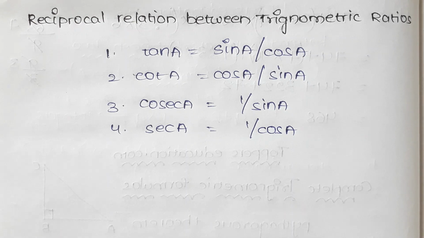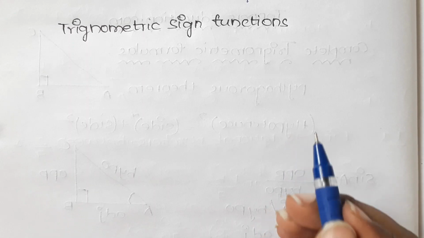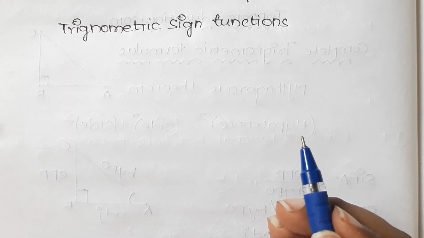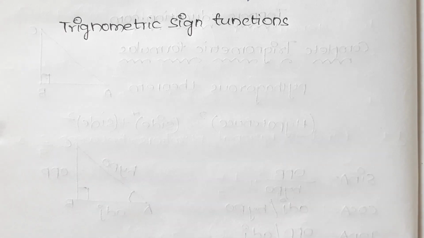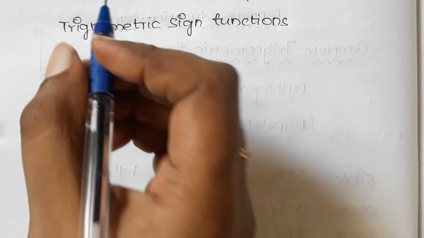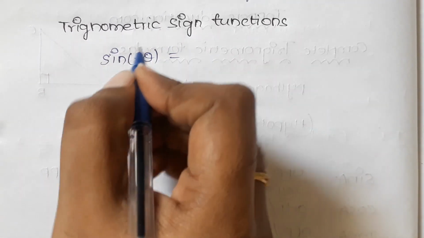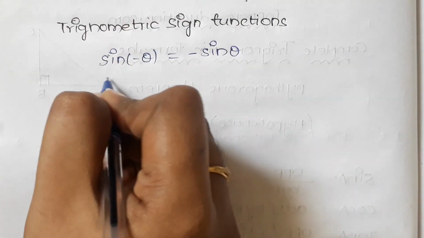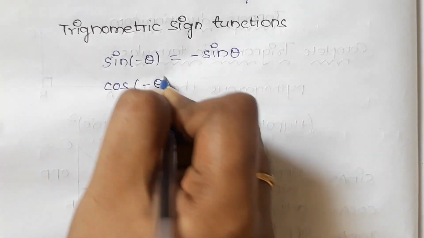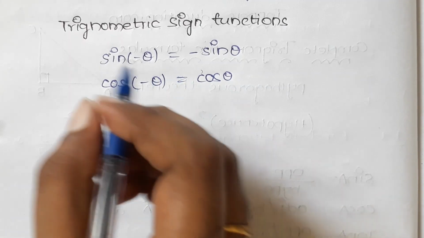Now let us see the trigonometric sign functions. Here the sign is either positive or negative. Let us see the sign functions for the ratios. Sine of minus theta is negative: sin of minus theta is minus sin theta. Cos of minus theta is cos theta; we will not get the negative sign.